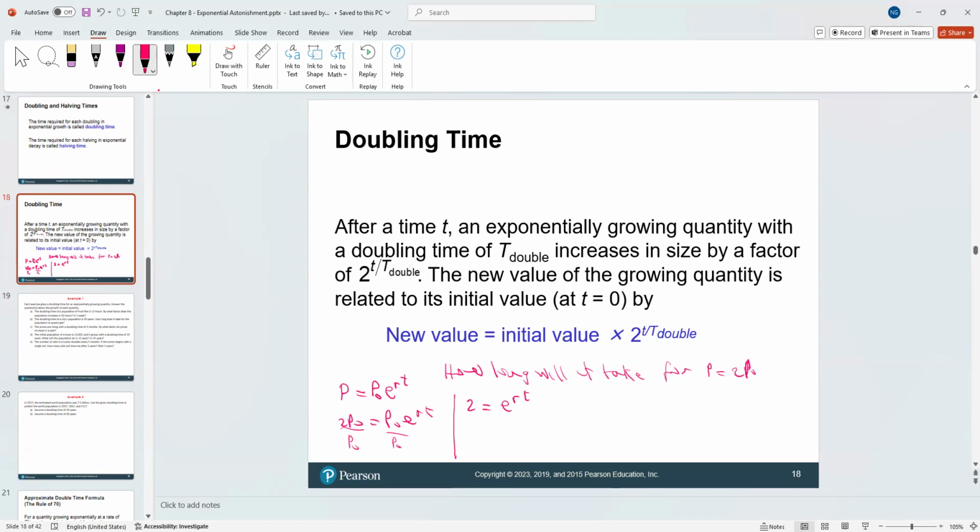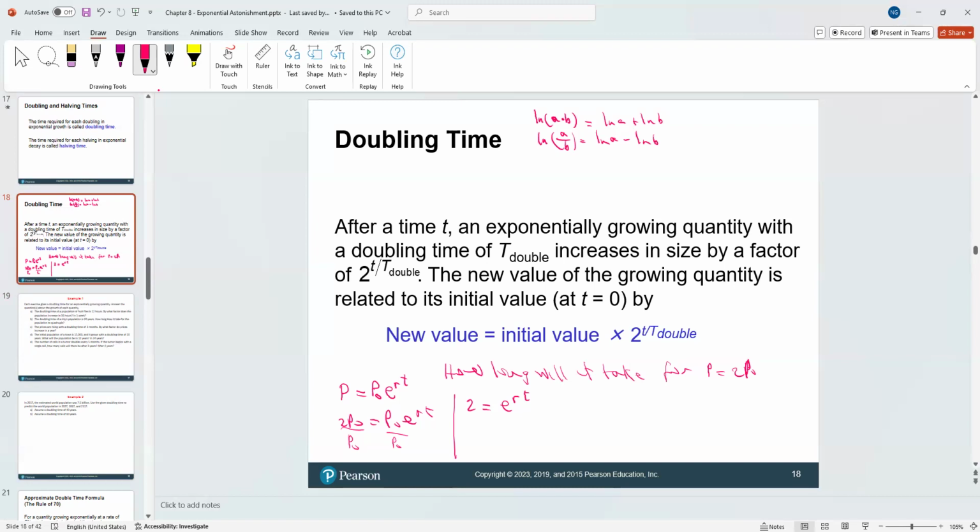Now, for those of you who remember logarithmic functions, log or ln, the natural logarithm. If you have ln of a times b, it's the same as ln a plus ln b. If you have ln of a divided by b, it's the same as ln a minus ln b.